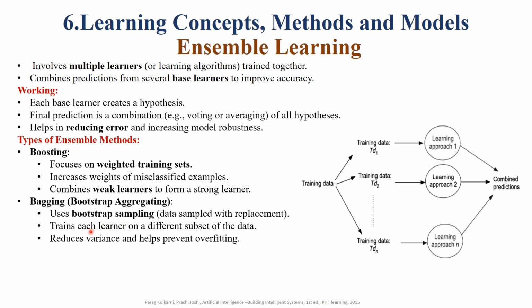We train each learner on a different subset of the actual data. We divide the whole data set into different subsets, where the data sampling process happens with replacement. This helps us in reducing the variance and helps to prevent overfitting.